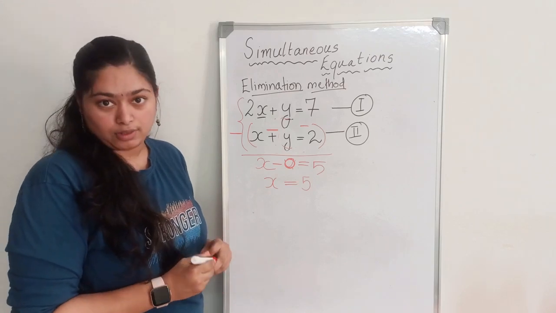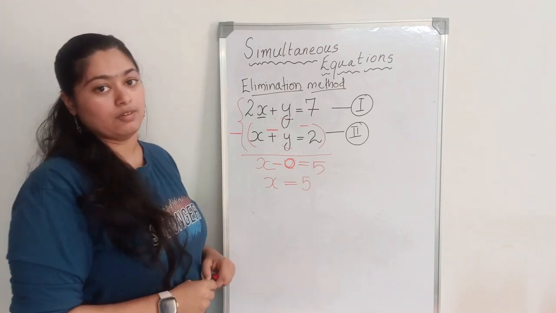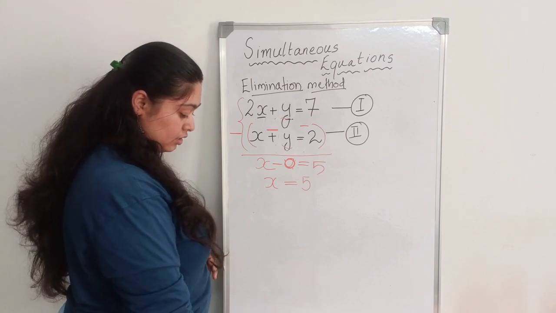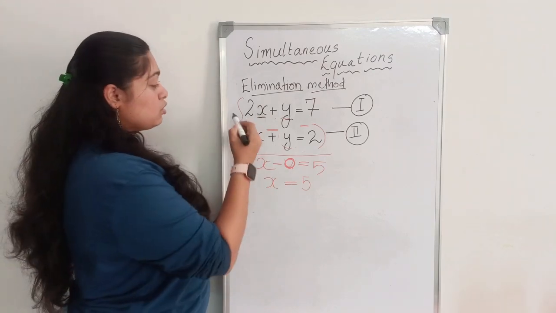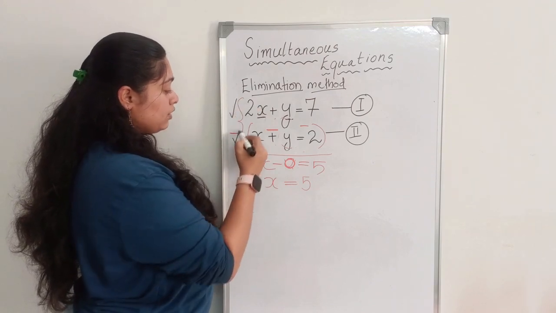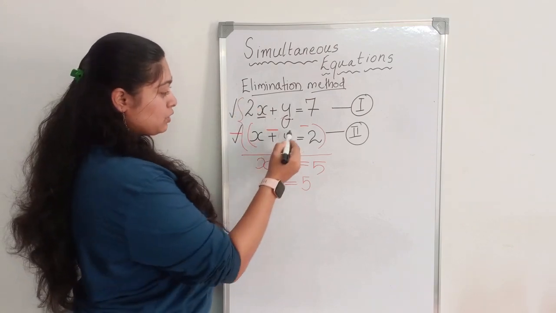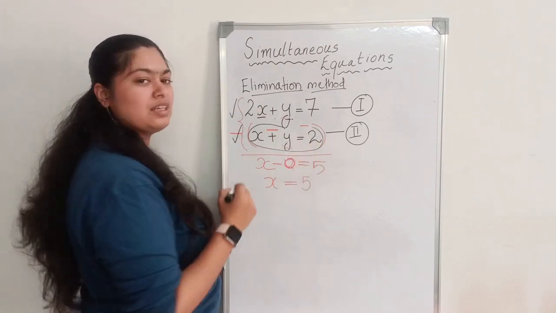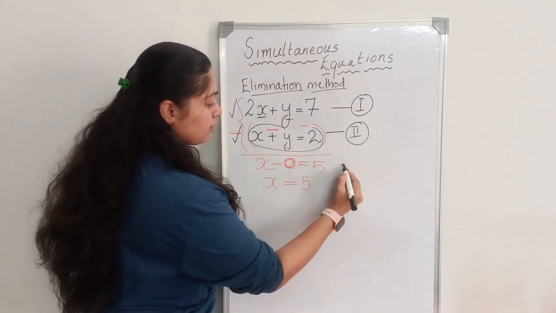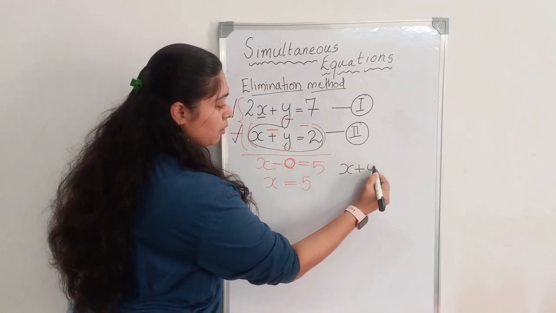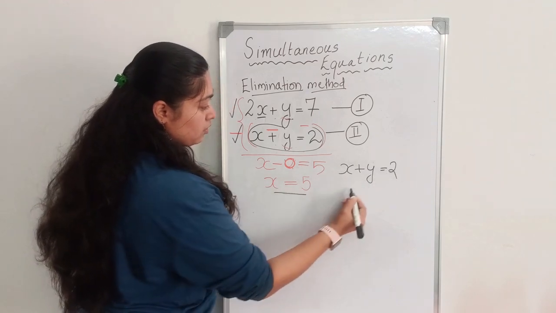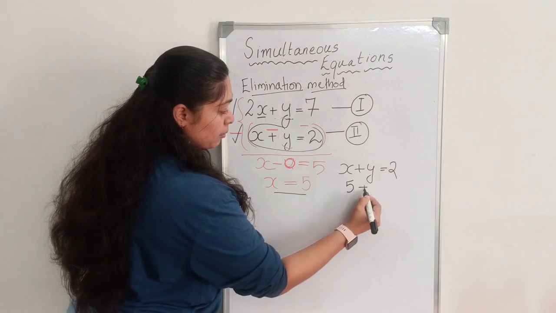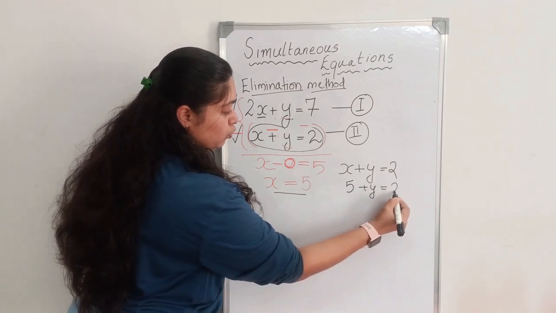Now the rest is very easy. Since I already know the value of x, I just need to use that in either of these two equations. You can choose either the first one or the second one. So let me choose the second one because that seems easier and simpler. So we have the second equation, x plus y equal to 2. x is 5, so 5 plus y equal to 2.